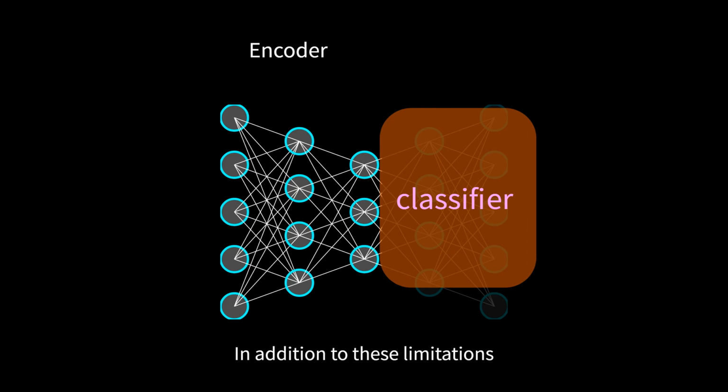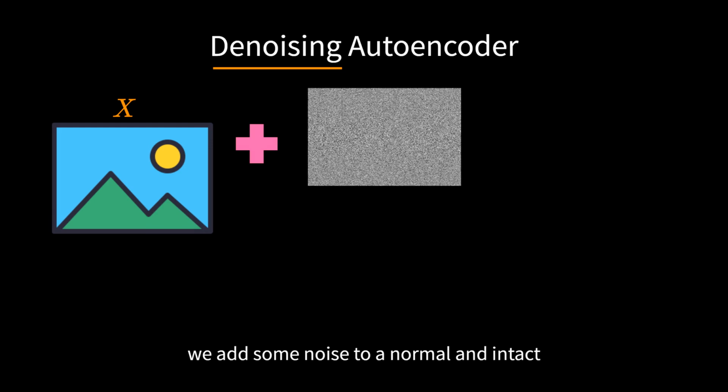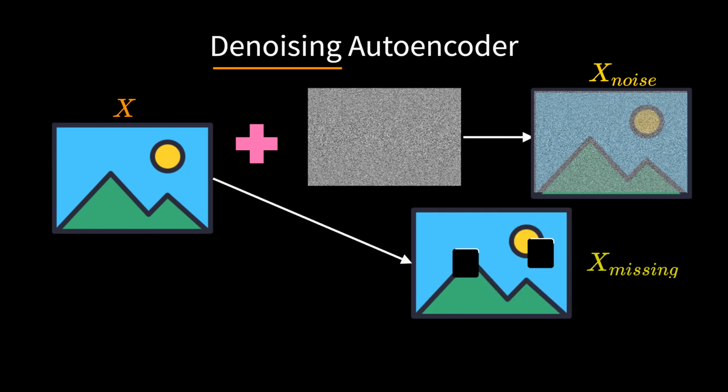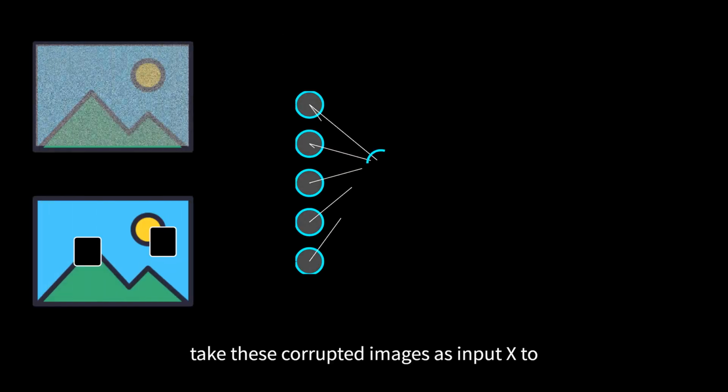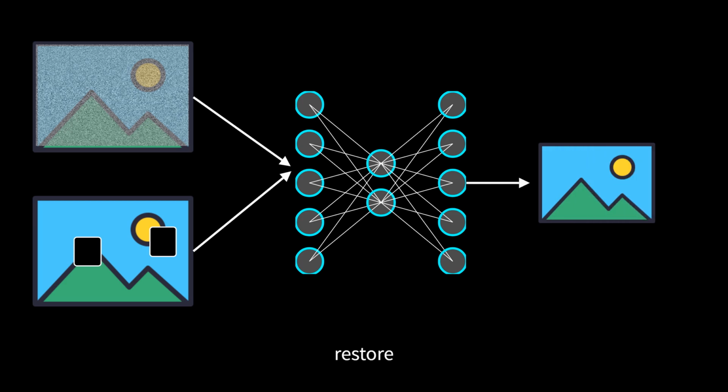In addition to these limitations, there is another model, the denoising autoencoder. As the name implies, it removes noise from the image. First, we add some noise to a normal and intact picture, which becomes X noise, or remove some areas, X missing. Then we take these corrupted images as input X to the model. We hope that the model will be able to restore the damaged part after it understands the real content of the image.